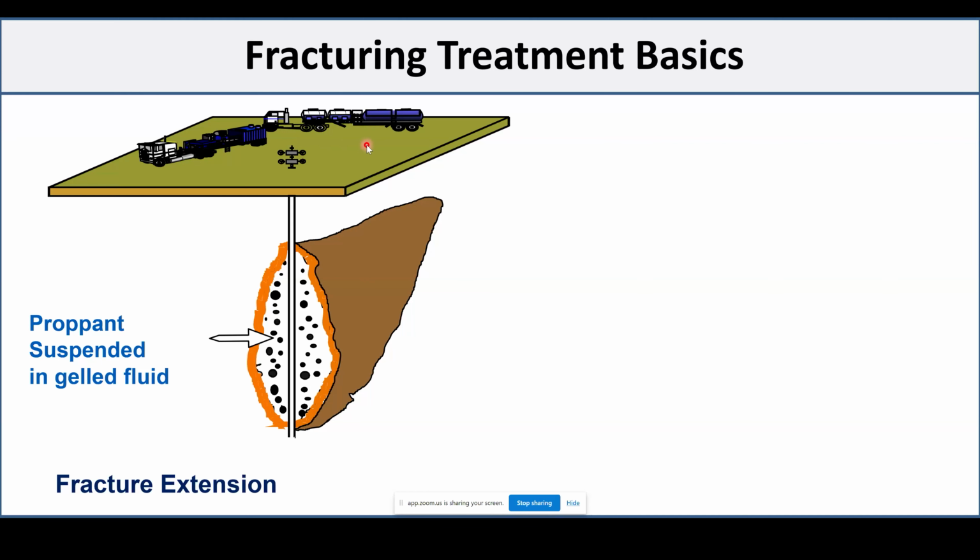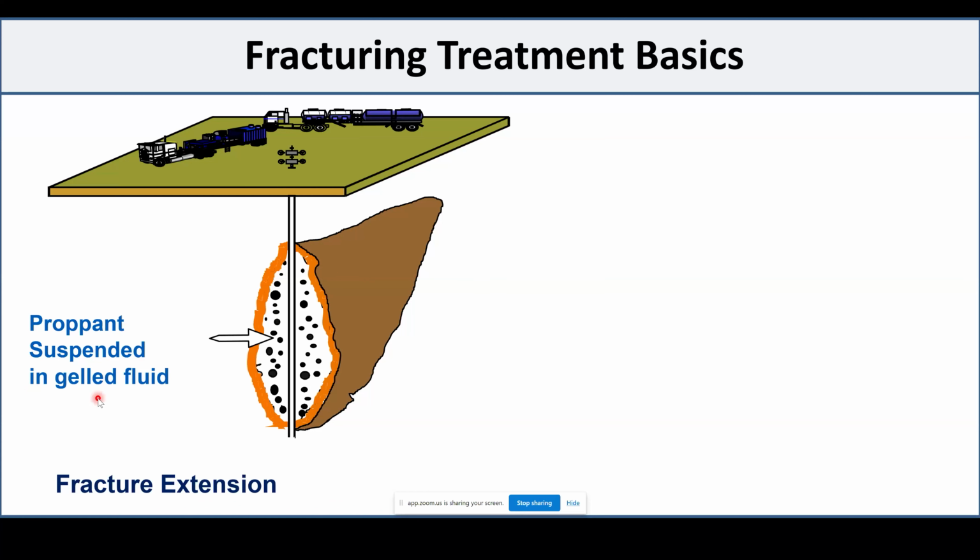The idea is to frac the downhole. From the wellhead, they inject two things. They inject something called proppant, a very spherical, round material that will keep the fracture open and conductive later on.